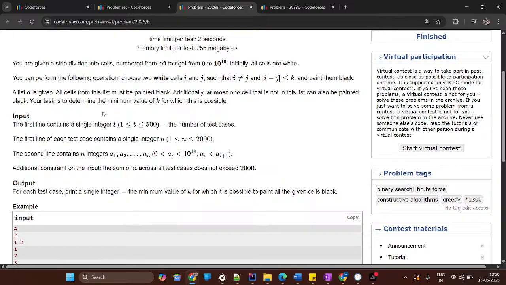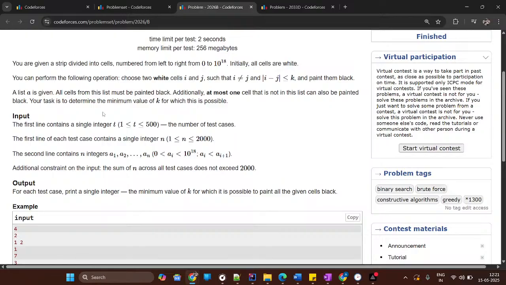Let's say n is even, then every time I paint two cells, right? Okay, n is even or odd, I don't think it matters. Let's say n equals to 2, and in my first move I painted two cells, and in my second move I again painted two cells, out of which one is common.